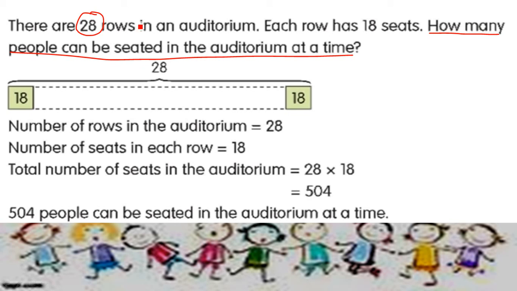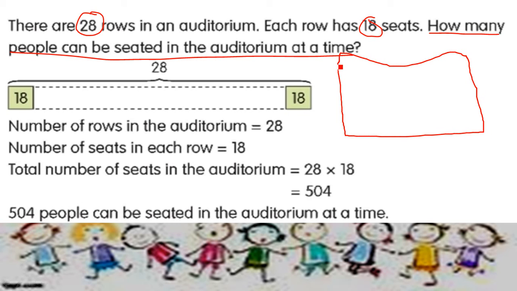So there are 28 rows in an auditorium. Each row has 18 seats. So it means we can also draw an array in this manner.